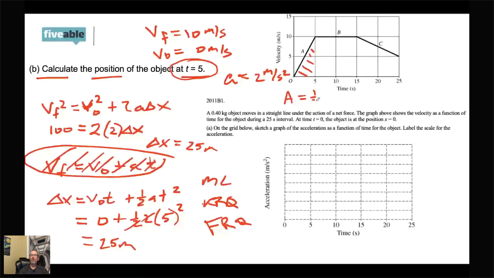So that would be 1/2 of the time times our velocity. If you do that, you're going to end up with 1/2 of 5 times 10. 5 times 10 is 50. If you divide it by 2, you do get the area, which is also the same as the change in position. So that is 25 meters. That would be the short and simple way to do it.